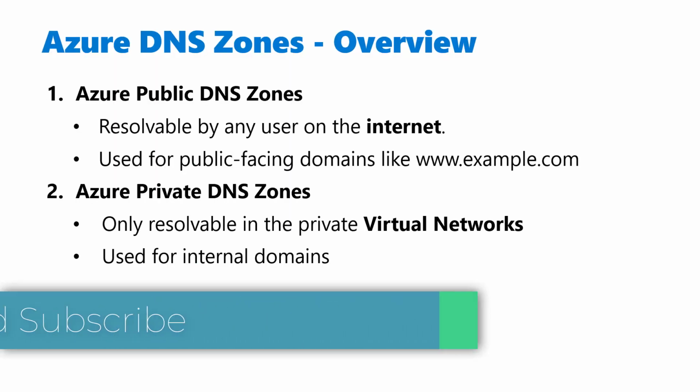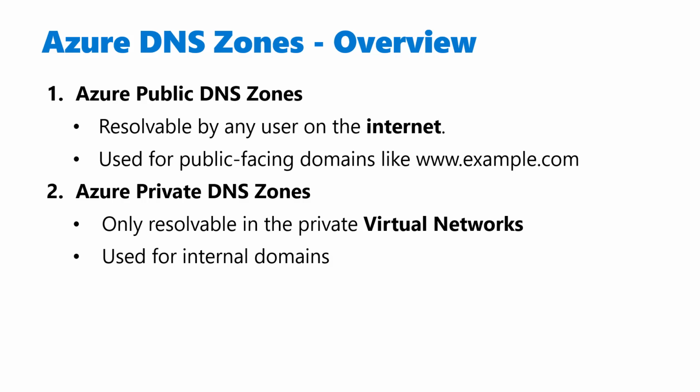Azure supports two types of DNS zones. The first one, as you can see here, is public DNS zones, and the second one is private DNS zones. Public DNS zones can be used for managing DNS, and because it is public, it is resolved by any user on the internet.